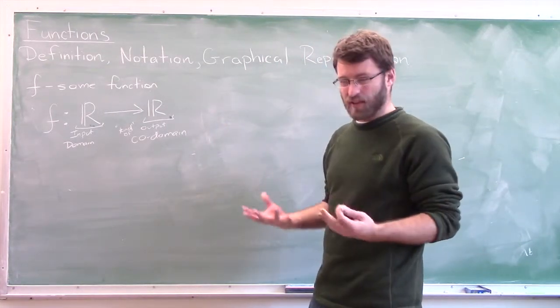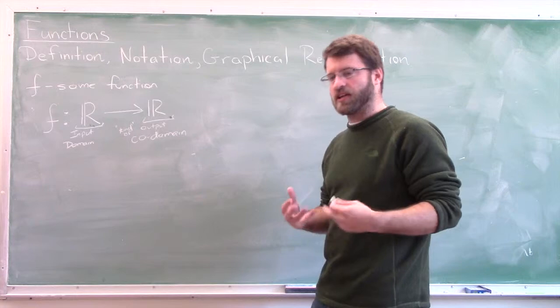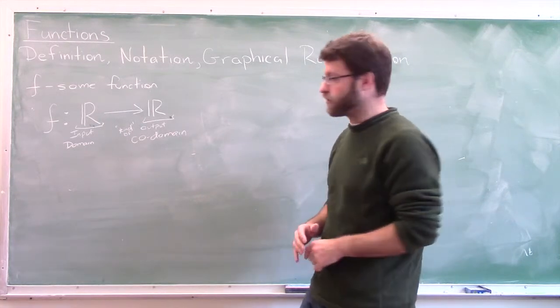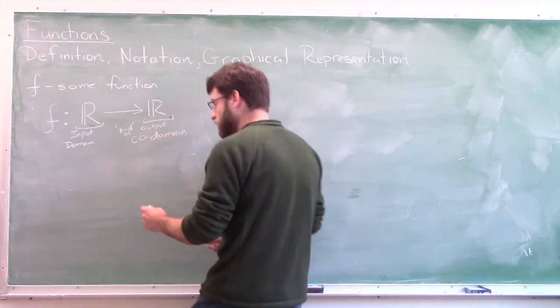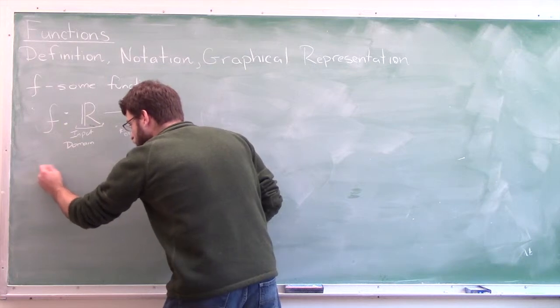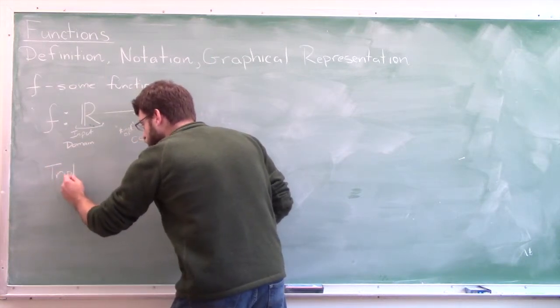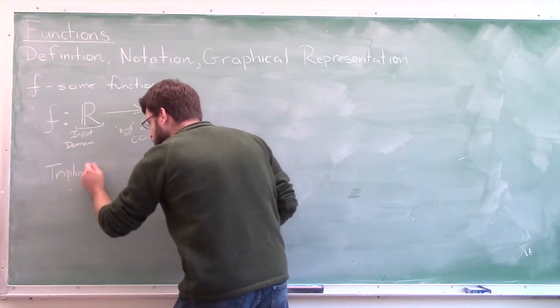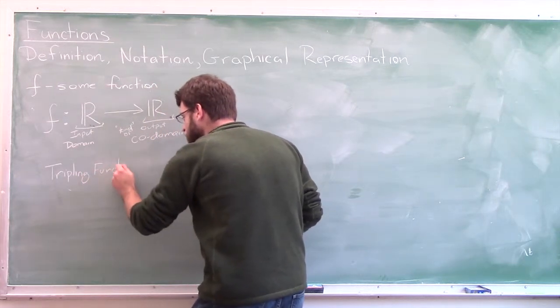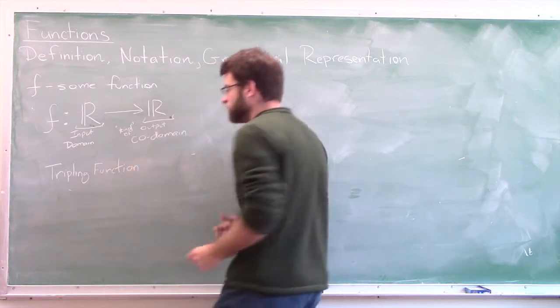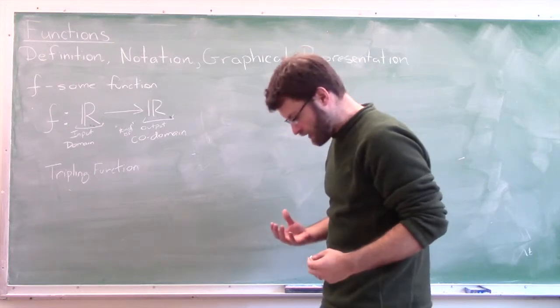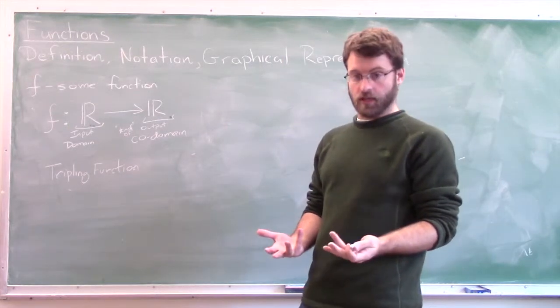If you see a label f somewhere, it's a pretty good guess that it's referring to some type of function. Okay, so how about we talk about maybe a tripling function.